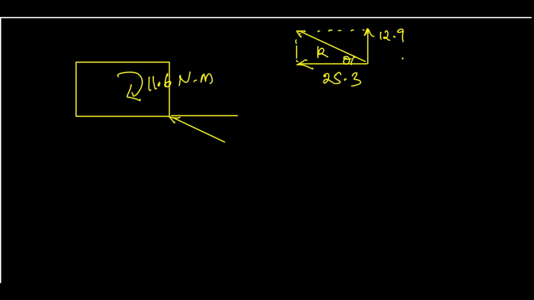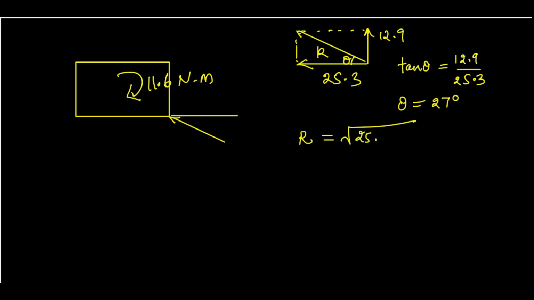So your tan theta is 12.9 divided by 25.3. Your theta will turn out to be 27 degrees. And your resultant R is the square root of 25.3 squared plus 12.9 squared. This will be 28.4 newtons.